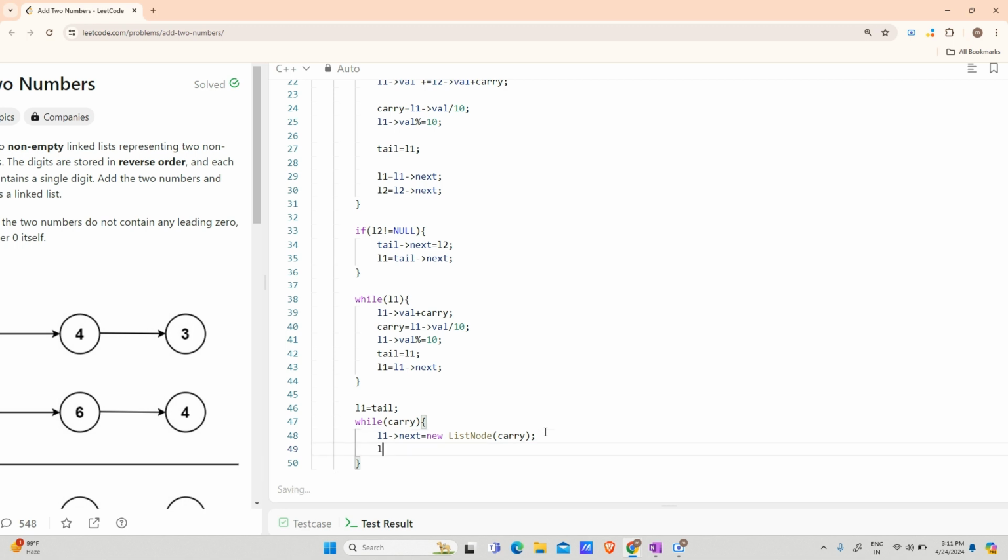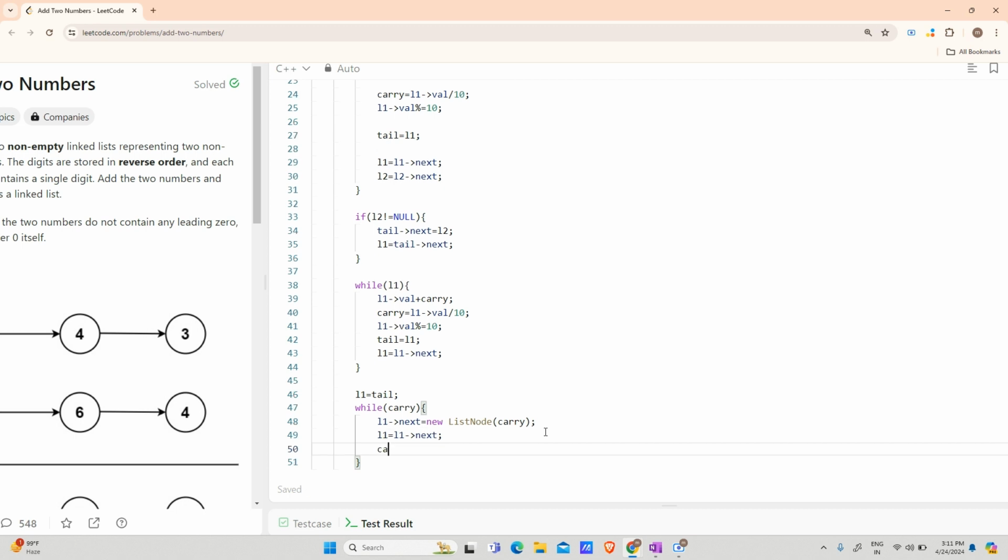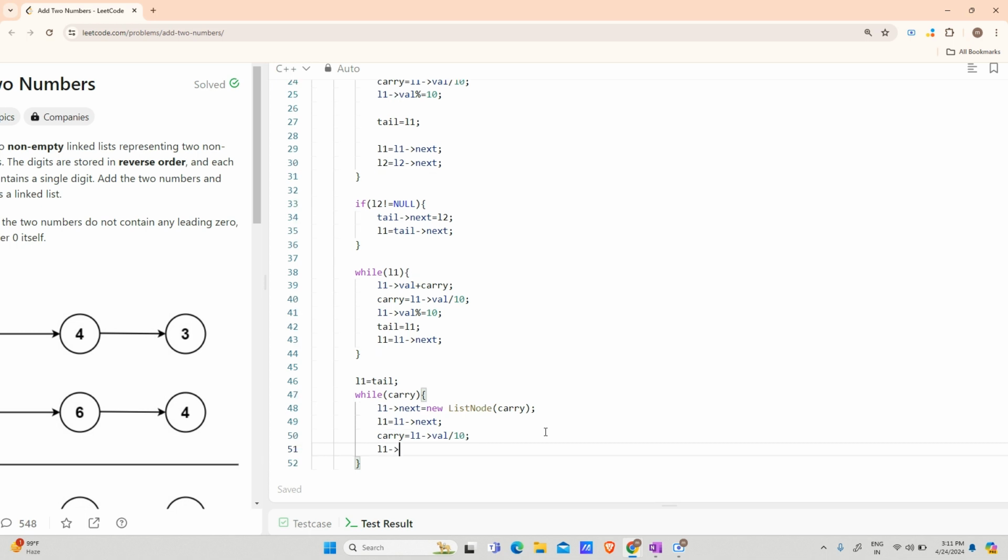And so now move L1 equals L1's next and move the operations also. That is, carry will now remain L1's value divided by 10 only, and the value will become modulo of its own, that is modulo equals 10, right?